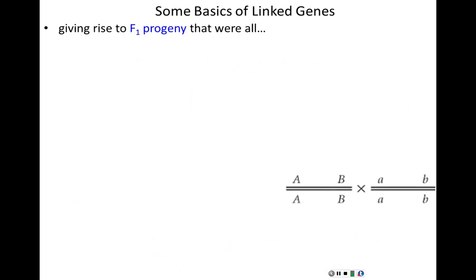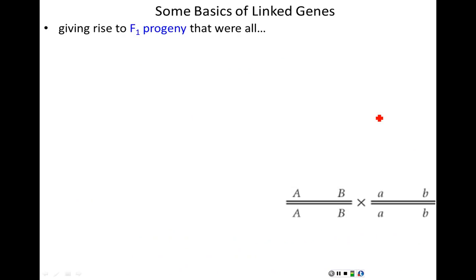And, of course, the F1 progeny from this cross would be represented like this. Sorry about the little thing in the way there. This is a lowercase a hiding behind. But this is showing that we have a heterozygotic offspring. Hey, we knew that. Come on now. Let's not insult our own intelligence.